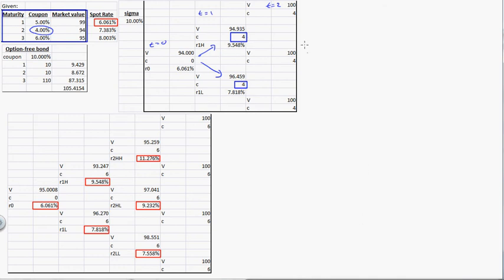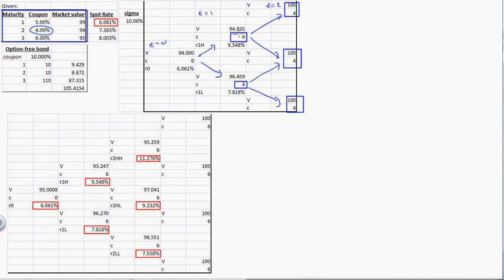And if I hang on to the bond and don't sell it, it doesn't matter what rates do. I'm going to get 104. We could go up the tree and then up again, up and then back down, down and then back up, or down and down again. It doesn't matter which way we go. If we hold the bond to maturity, we're going to get the 100 plus the 4.